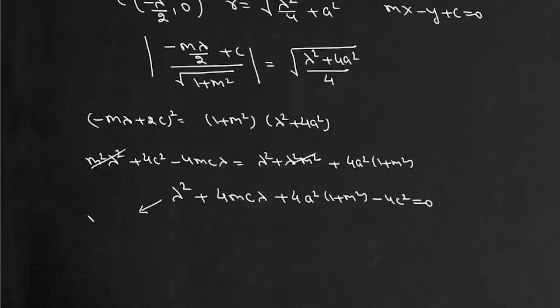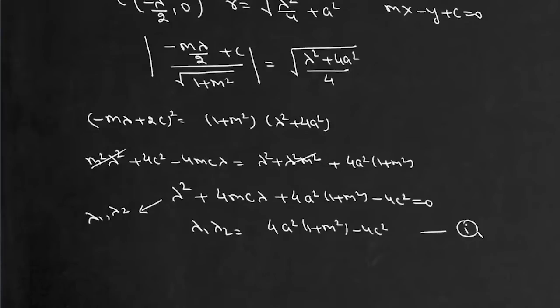So the two parameters are lambda 1 and lambda 2, and the product of roots, lambda 1 into lambda 2, is given by c by a. So there will be 4a square into 1 plus m square minus 4c square upon 1. So this is our first equation.